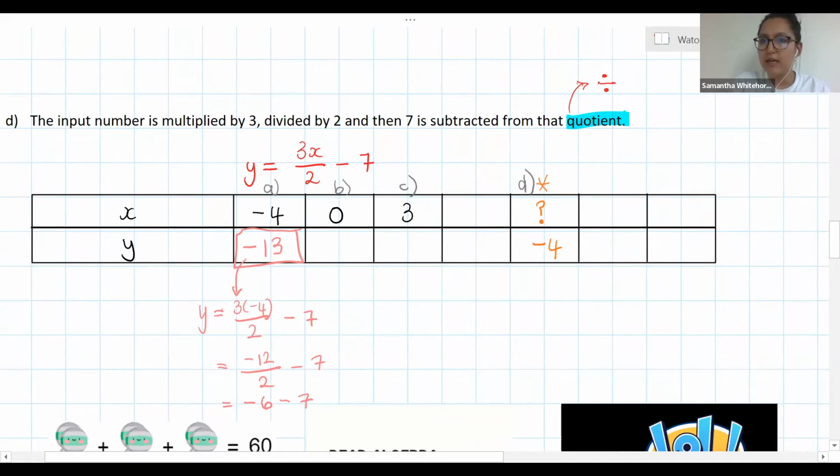Okay. Who else do we have here? Ntaba, give me the output for an input of 0. Hello, ma'am. Hi. So the output of 0 is -7. Good, well done. So do you agree that the whole fraction falls away because of the 0? Yes, ma'am. Good, well done.